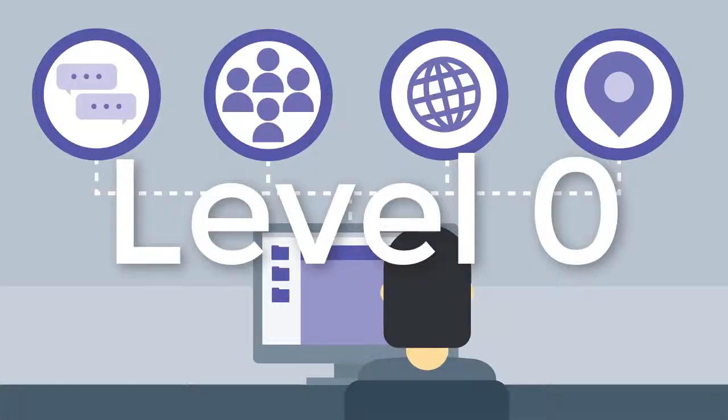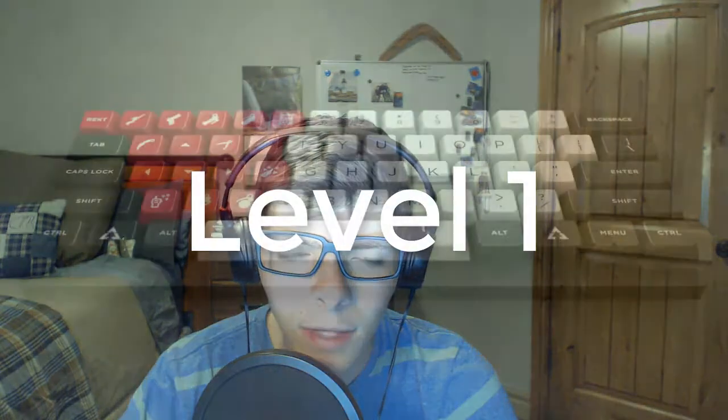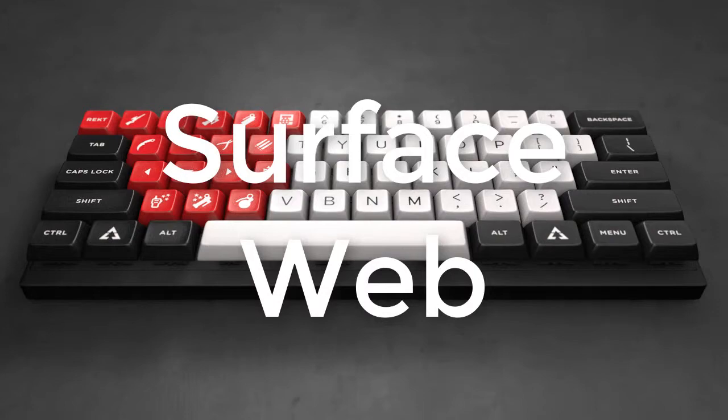So level 1 is the common web. This level is the one you browse every day. YouTube, Facebook, Wikipedia, and other famous or easily accessible websites can be found here. Google hosts most of these. Then there's the surface web.